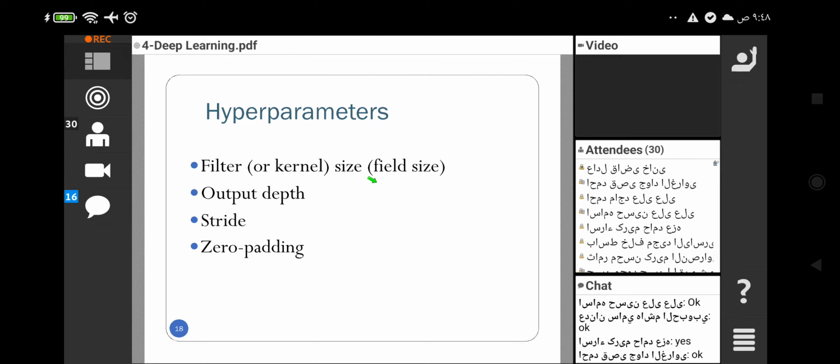The output is called the activation map. The output of the convolution layer is the features. As we said, the feature extraction in CNN is the most important thing, and those features are the output of the convolution layer.